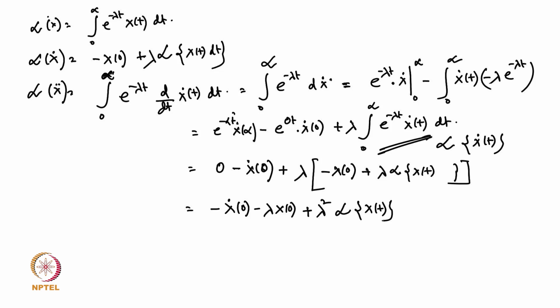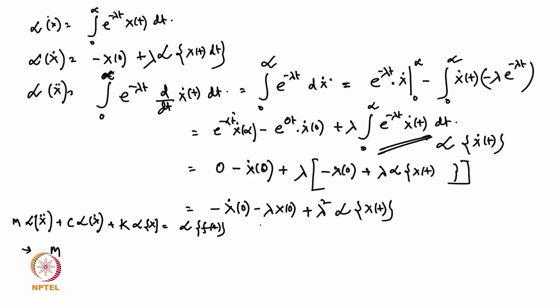Now, looking at the complete transformation, I have m times the Laplace of x double dot plus c times the Laplace of x dot plus k times the Laplace of x equal to the Laplace of f of t. What can I write?